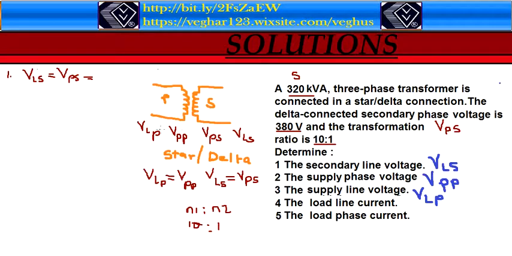When you are doing transformer calculations, you have to find the line and phase values and check whether it's a star or a delta. Because we are given the secondary voltage and they are equal, we just write 380.